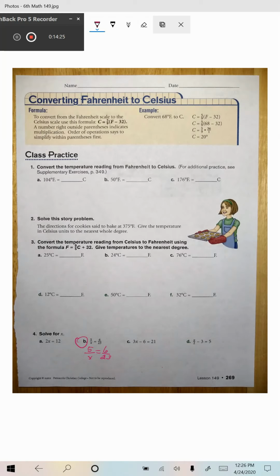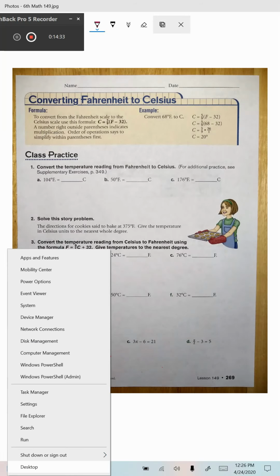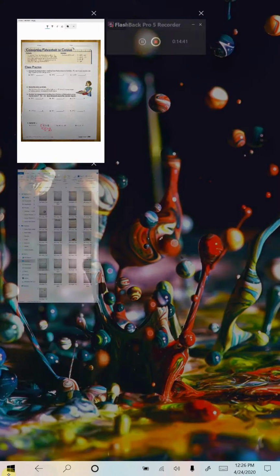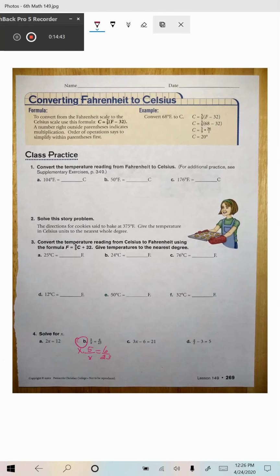So what I'm going to do, watch what I do right away. So if this is 5 divided by x, I'm going to times it by x. Just like I would if that had been a number. If I timesed it, then I would get rid of it. Okay? So over here, you're timesing by x. And I need to keep my page up. I'm going to times it.